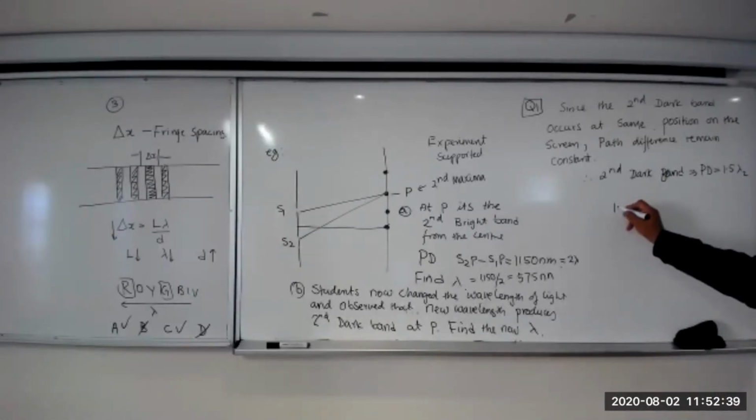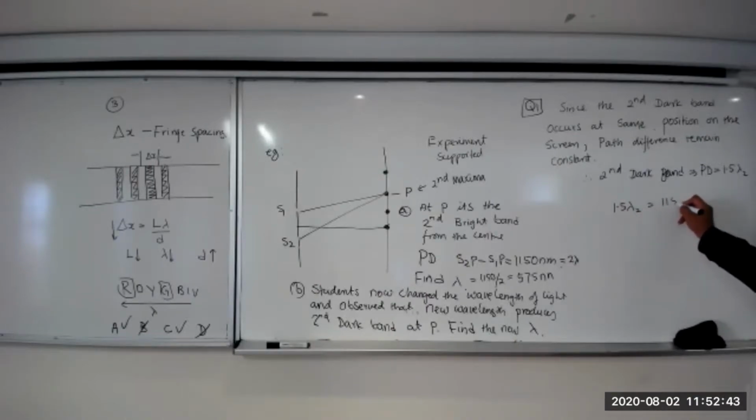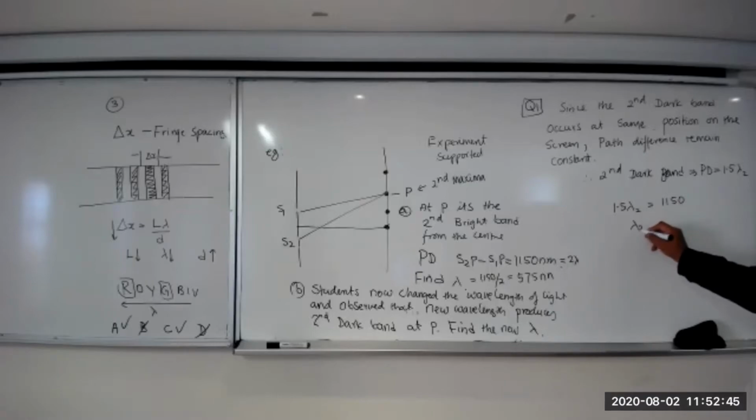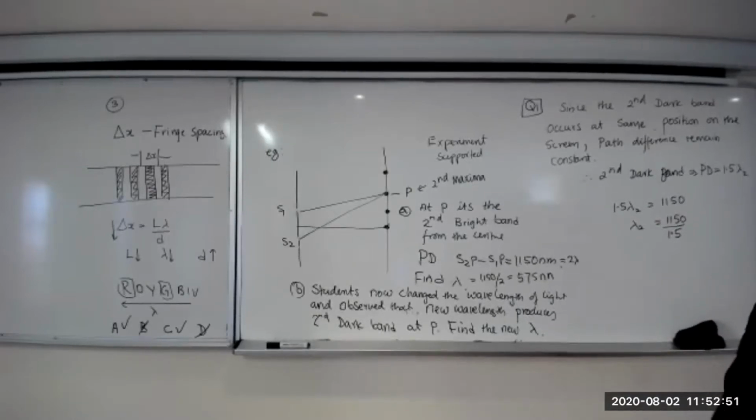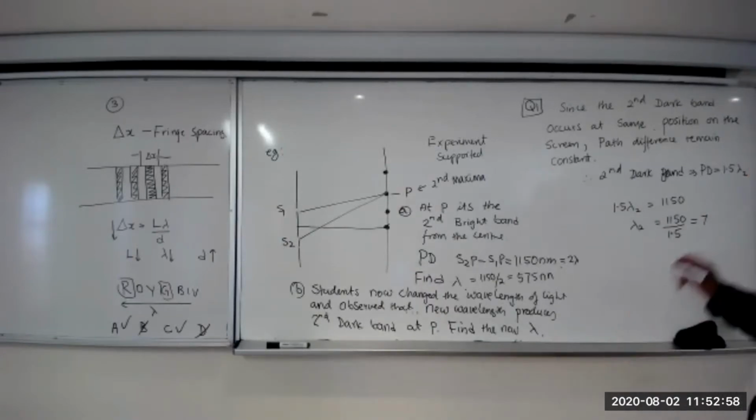So 1.5 lambda 2 is equal to 1150. You should get 767 nanometers. That makes sense, guys? Everyone?